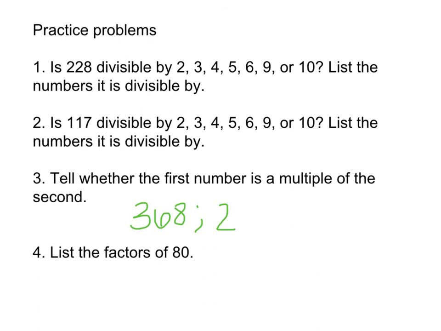For number 3, you're telling if 368 is a multiple of 2. So basically if you skip count by 2's, if you're going to get to 368. And remember, you can just divide to see if that's true. And number 4, list the factors of 80. Don't forget a word problem or a question and rate your understanding.